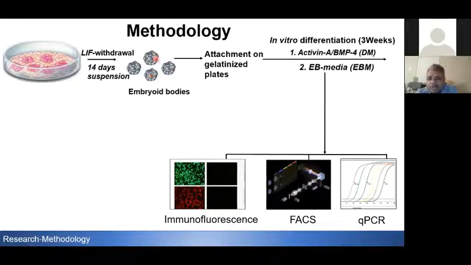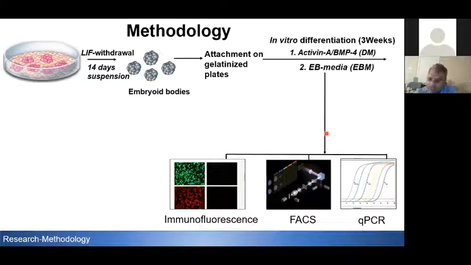And then we recovered these embryoid bodies and attached them on gelatinized plates. After attachment, we induced the differentiation of these EBs into endometrium-like cells, which comprised both glands and stromal cells. The growth factors that we used were activin A and bone morphogenetic protein BMP4.